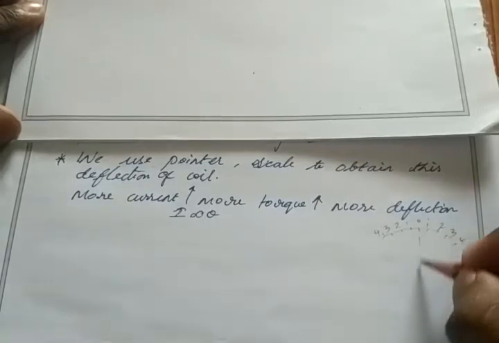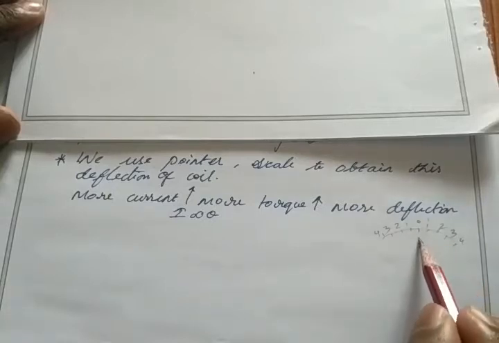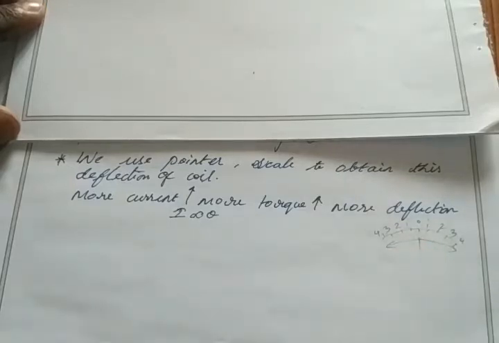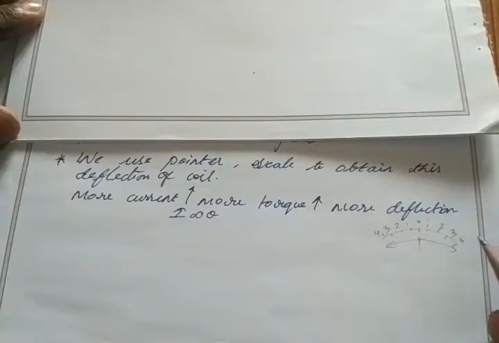Here we have the pointer. Because of current flowing, the pointer gets deflected either right side or left side based on the direction of current. By observing this pointer, we can get the readings from this galvanometer, how much current is flowing in the circuit.